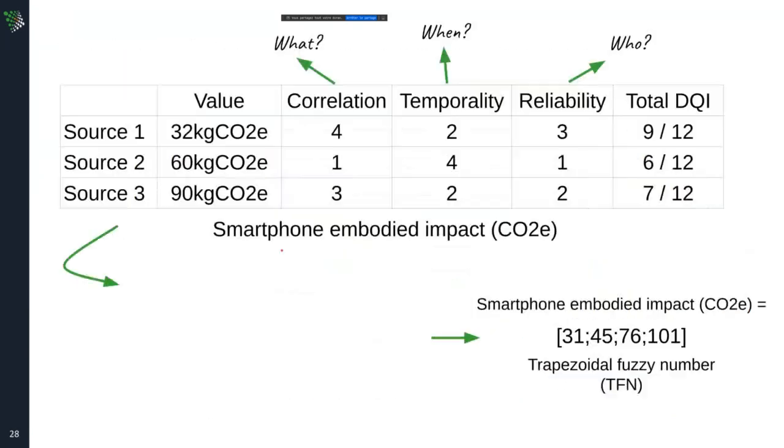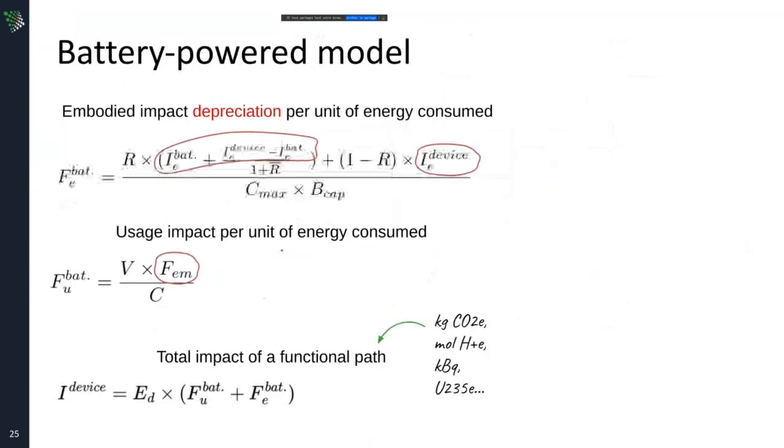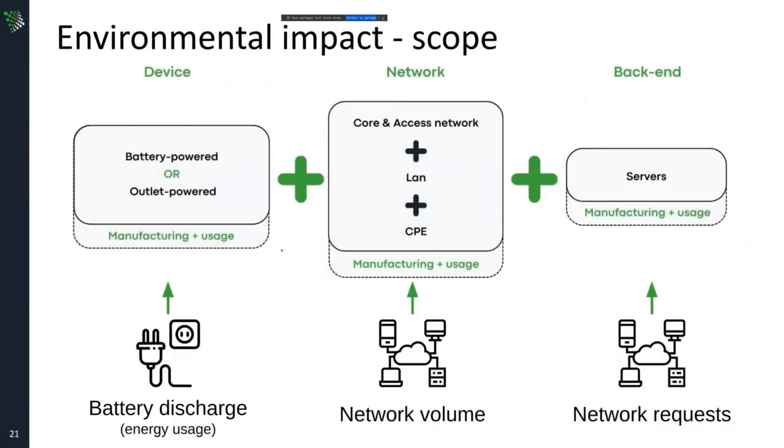Okay, so for the network, we have different sources regarding each network technology. So we have sources regarding 2G, 3G, 4G, and 5G, regarding fiber and copper.